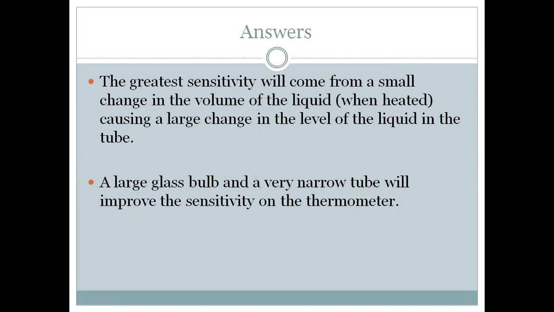Again, the greatest sensitivity will come from a small change in the volume of the liquid, causing a large change in the level of the liquid in the tube. These are the two actions.